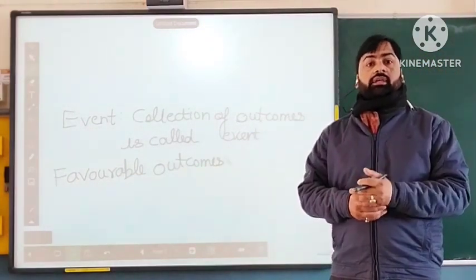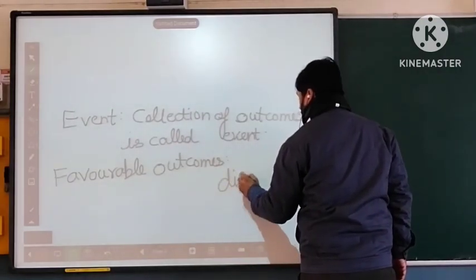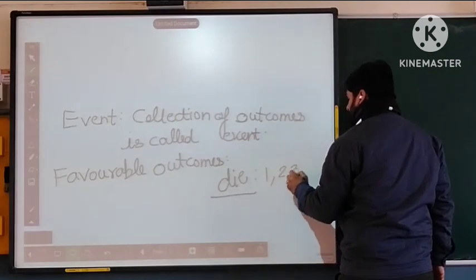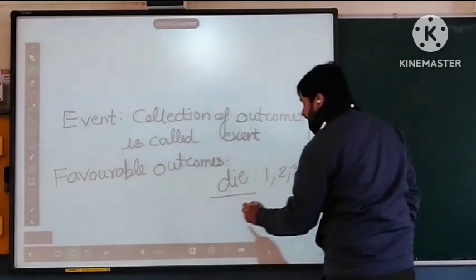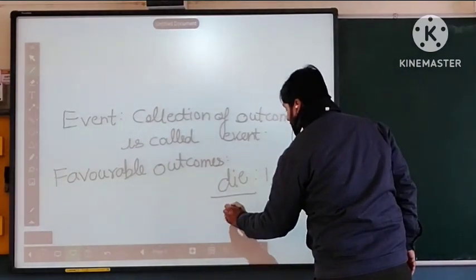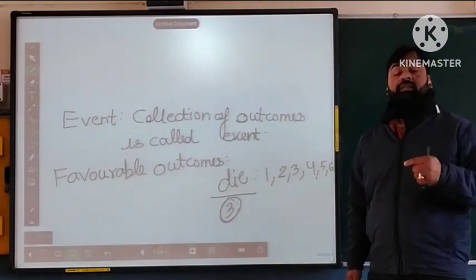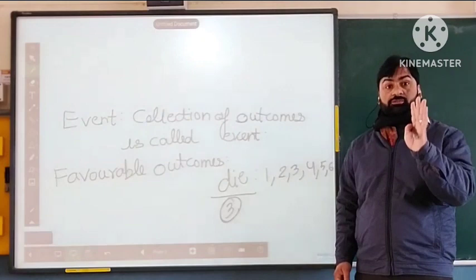Suppose a die is thrown; 1 can come, 2 can come, 3 can come, 4, 5 and 6. But if I say I want only 3 to come, then getting 3 is one outcome out of the 6 possible outcomes.